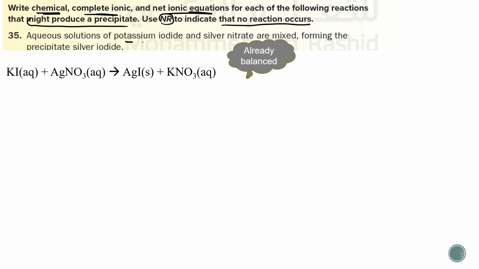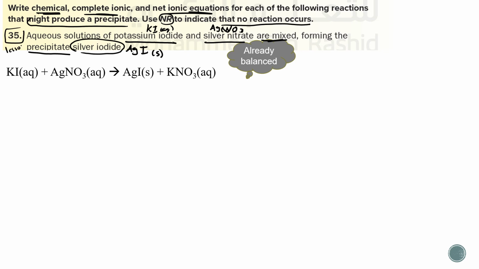Aqueous solutions of potassium iodide, which is KI AQ, and silver nitrate, AgNO3, are mixed, meaning they react, forming the precipitate silver iodide, AgI solid. Okay?